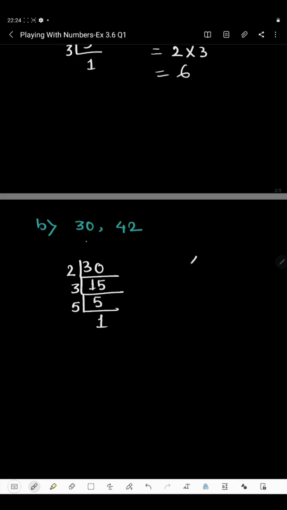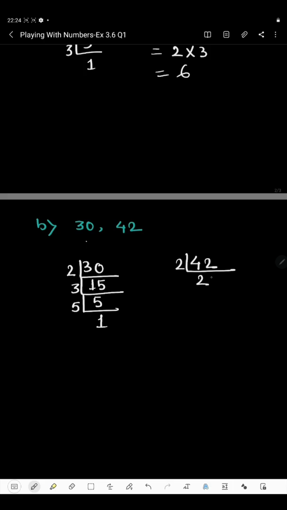Then we will find the factors of 42. Taking 2 at first; always remember we will have to take prime numbers to factorize or divide. So 2 2s are 4, 2 1s are 2, 3 7s are 21, then 7 1s are 7.